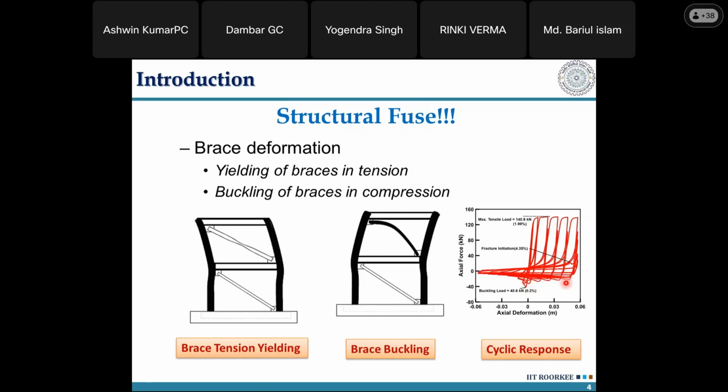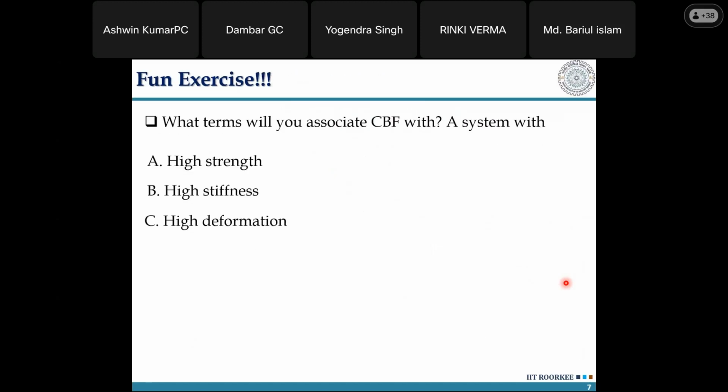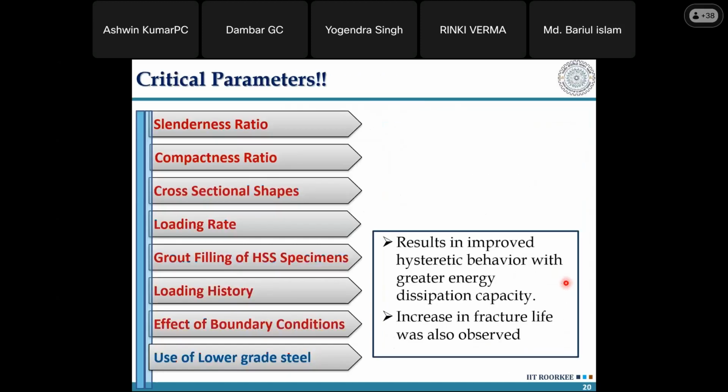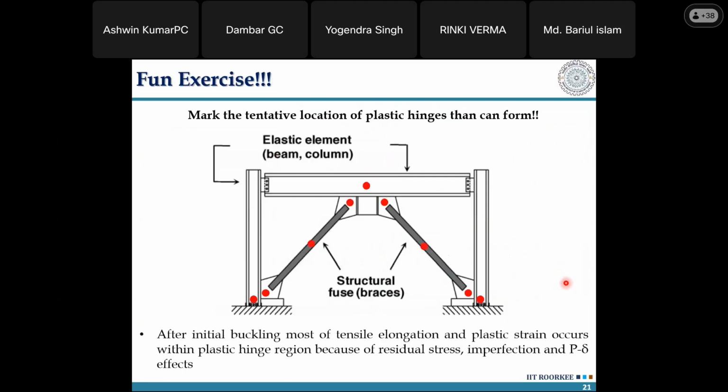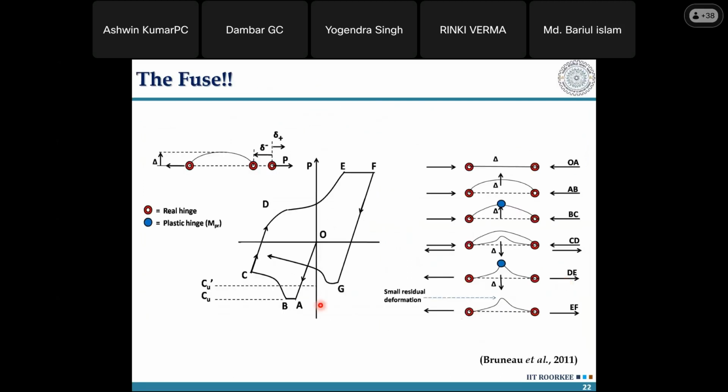Our code goes for 0.2, American code goes for 0.3. That is what we consider as the maximum capacity in compression after multiple cycles. This value after multiple cycles gets stabilized, but it never drops to zero. So if you think of member failure, yes, buckling is a type of failure, but it is still able to dissipate some amount of energy, a very minimal amount.